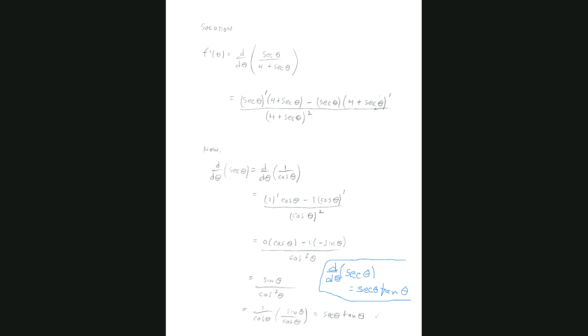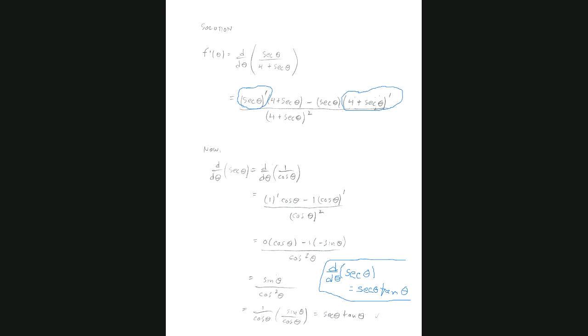And so now we'll go back to where we left off. Now for f prime of theta, we're going to substitute in the derivative for secant prime of theta, and we have to substitute in the derivative for 4 plus secant prime of theta. Well, the derivative of 4 is 0.